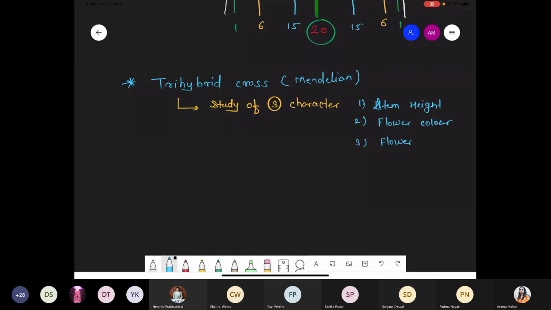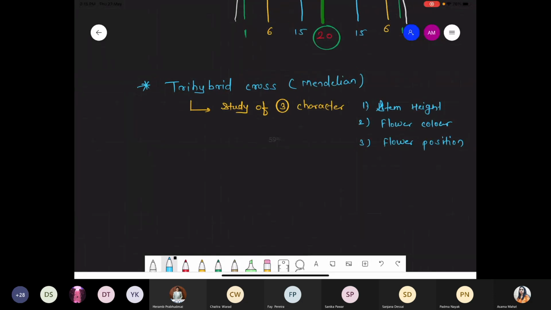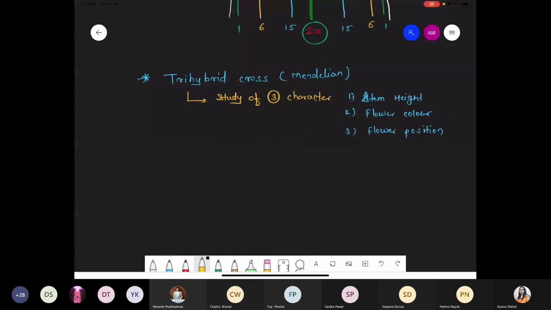You know very well, for stem height, tall and dwarf are in dominant and recessive condition. For flower color, purple is dominant and white is recessive. For flower position, axial is dominant, and terminal or apical is the recessive condition. So he selected three characters, and on the basis of the three characters he found the trihybrid cross.